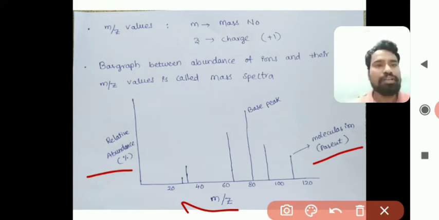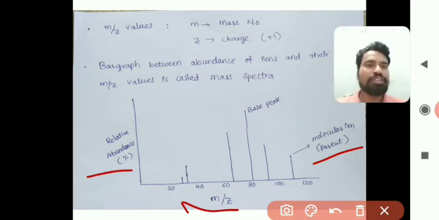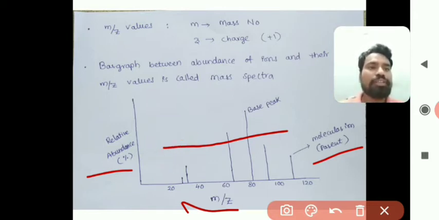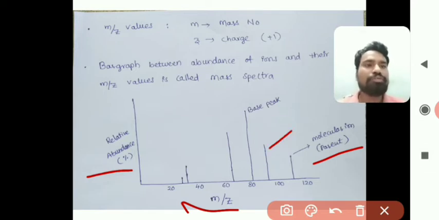After undergoing fragmentation it is losing some radicals, so the mass is reduced. Hence as the fragmentation process goes on, the m by z value decreases. So this is the molecular ion, and then this is the first fragmented ion, the second fragmented ion, the third, the fourth, and the fifth fragmented ion.